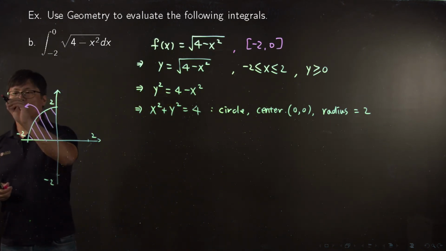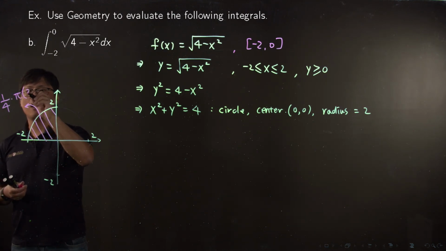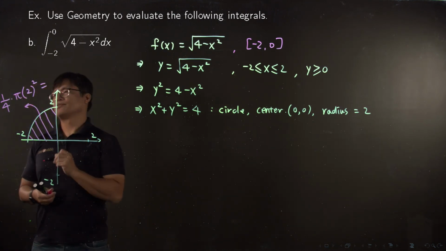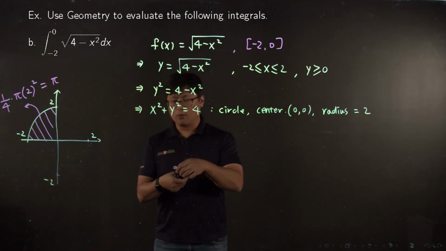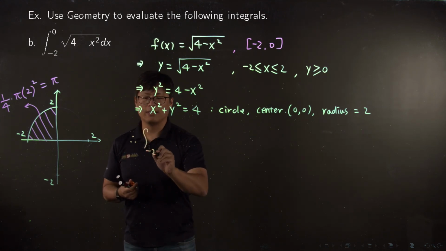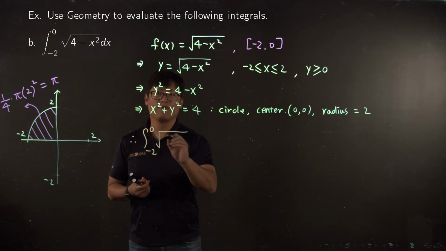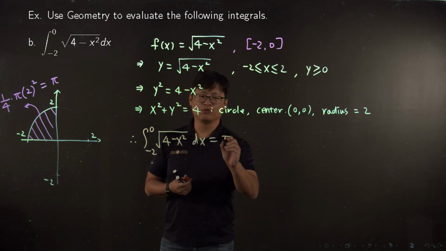What is that? 1/4 times pi r squared, which is pi. That's it. But I already gave you the answer, right? Therefore, the integral from -2 to 0 of the square root of 4 minus x squared dx is equal to pi.